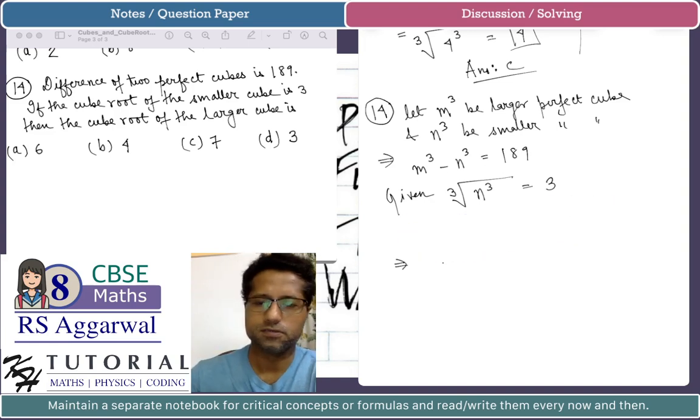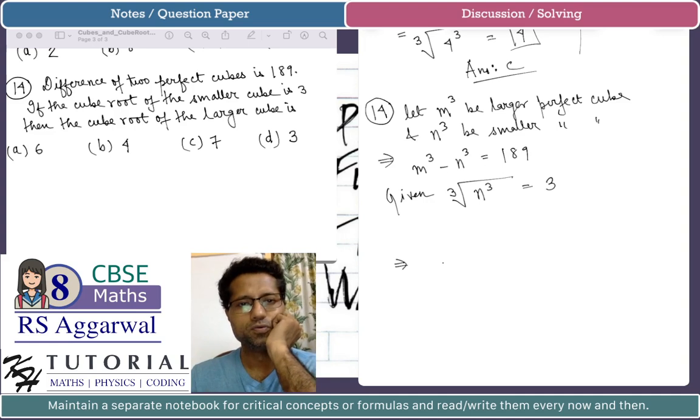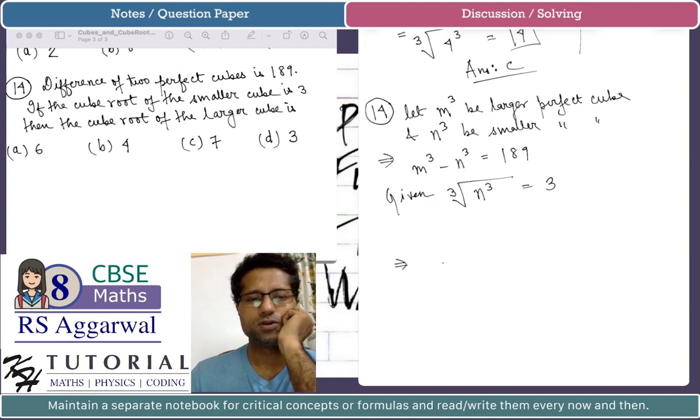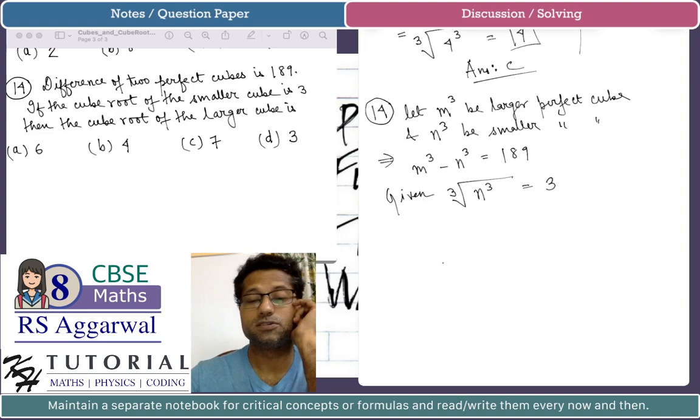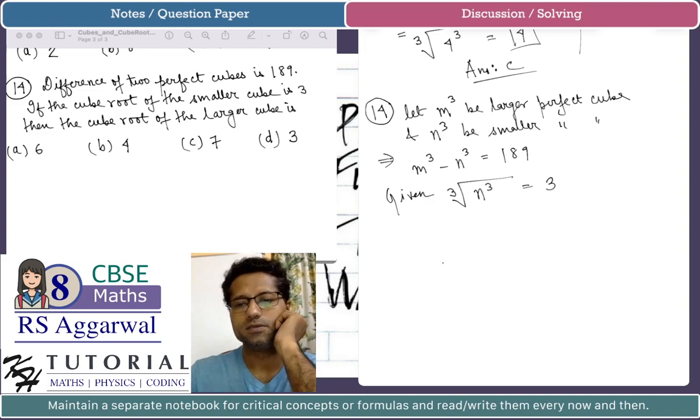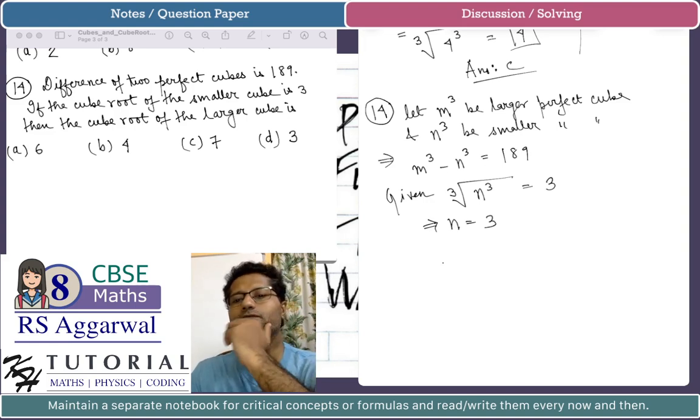We have this. It is given that the cube root of the smaller perfect cube, which as per our assumption is n cube, is 3. Now the left hand side, the cube root of n cube, is definitely n. So n is given to be 3.